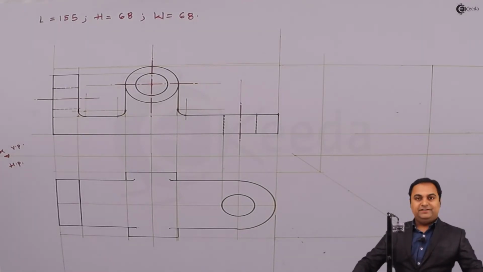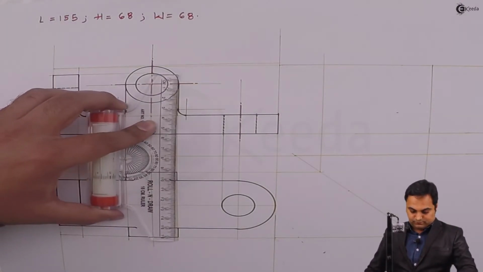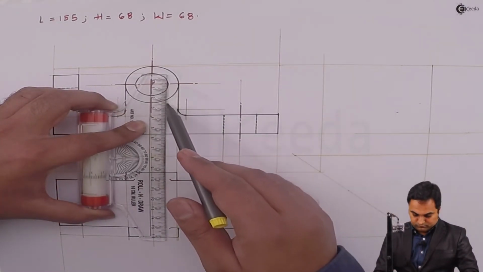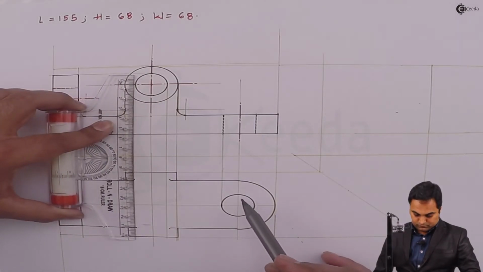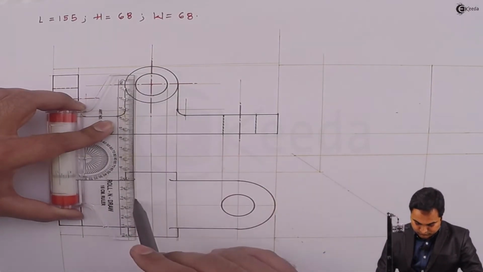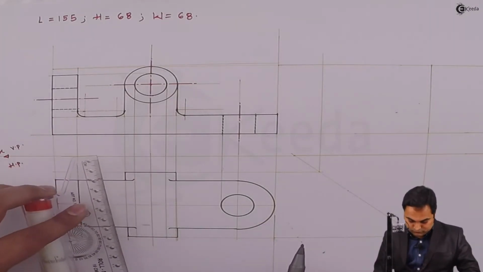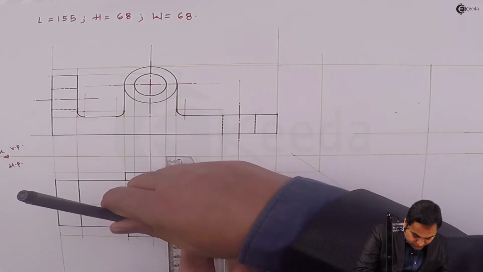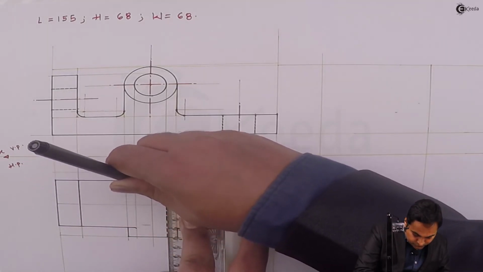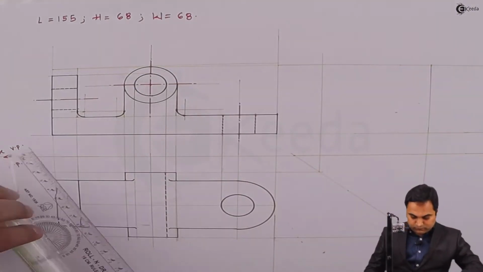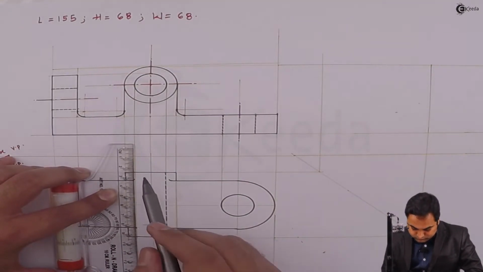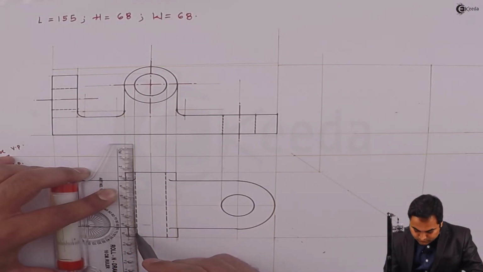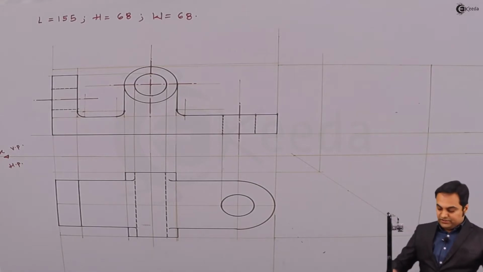So I'll project it light. So this inner circle is hidden.